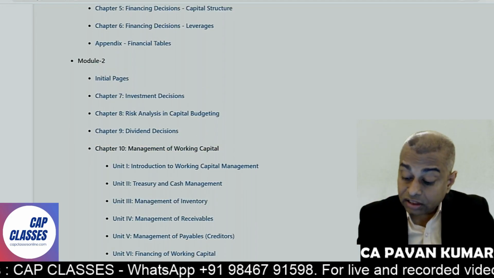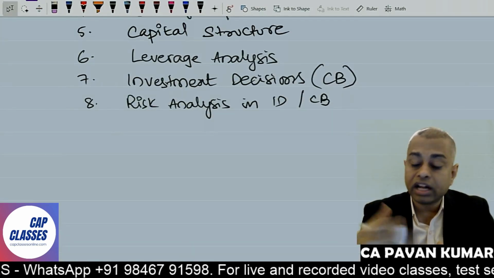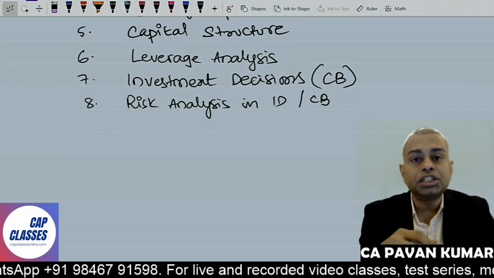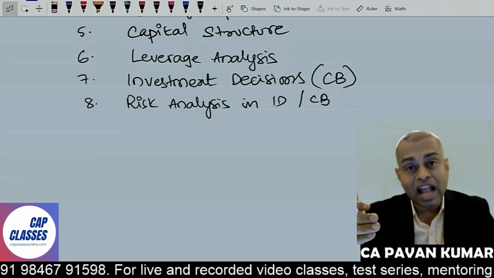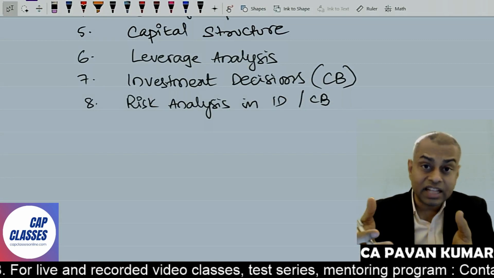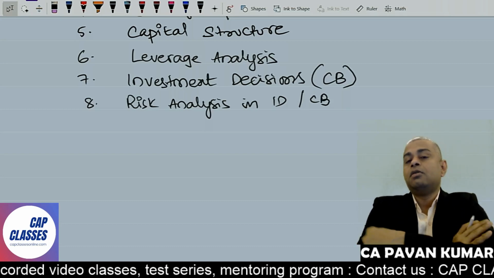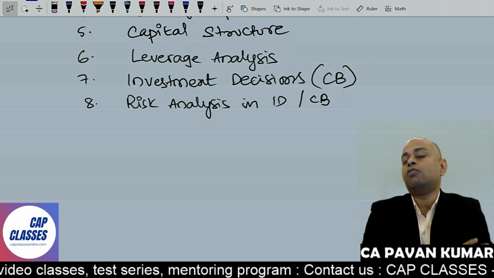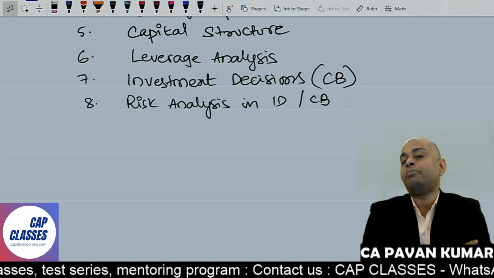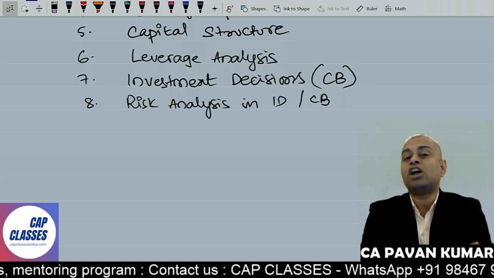Some students ask, Pavan sir, we subscribe to the classes, but in my folder, in my Google Drive or in my app, investment decisions are missing. Arey Baba, investment decisions and capital budgeting, it is same. Whether the chapter name is capital budgeting or investment decisions, it is same. One student who's over smart said that in the old syllabus they used to call it capital budgeting, in the new syllabus they are calling it investment decisions, but you have not changed the name.